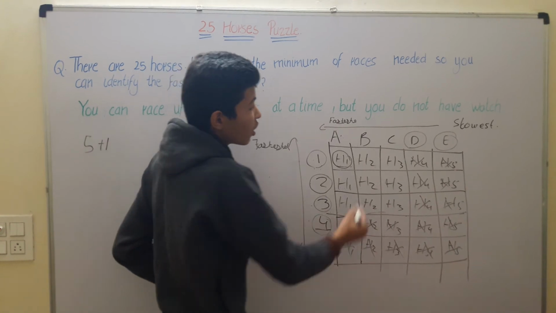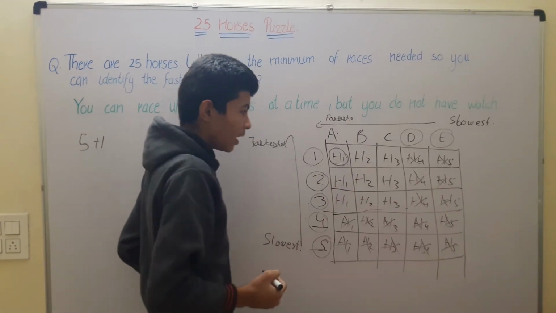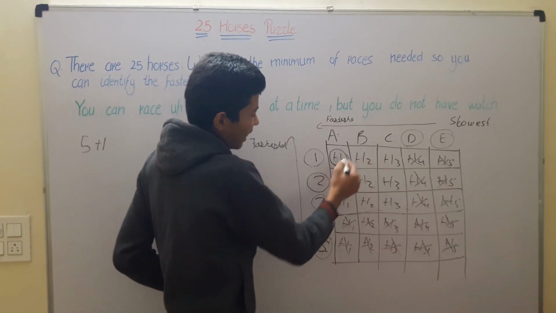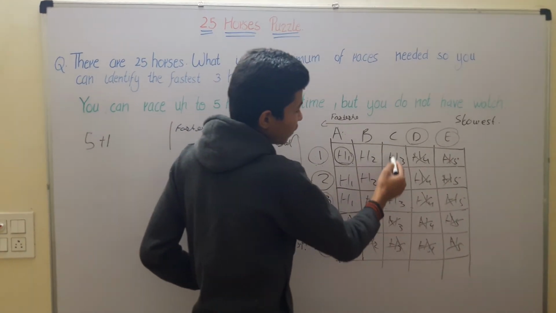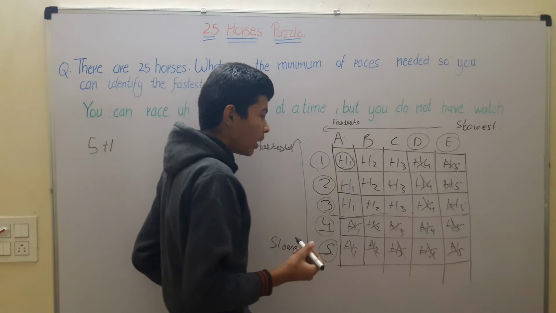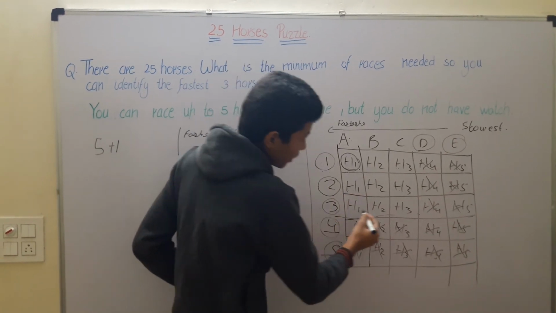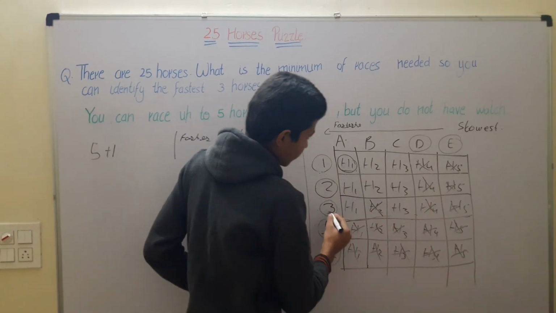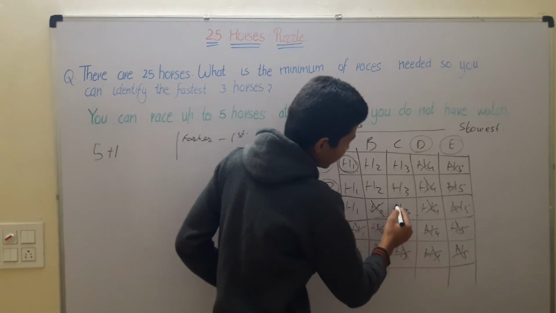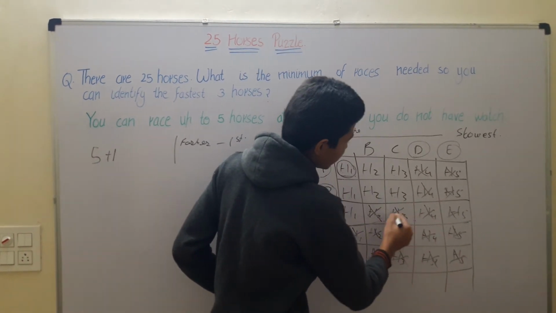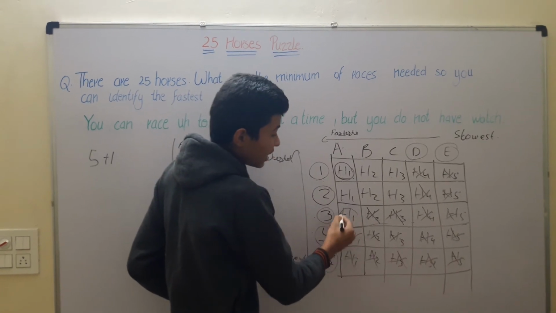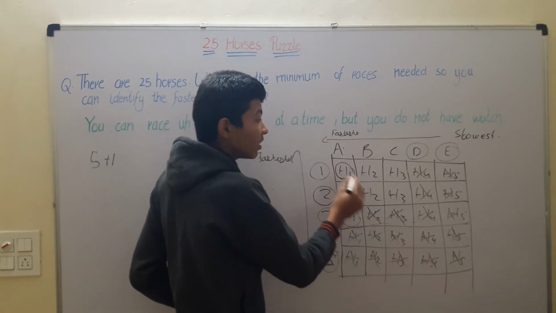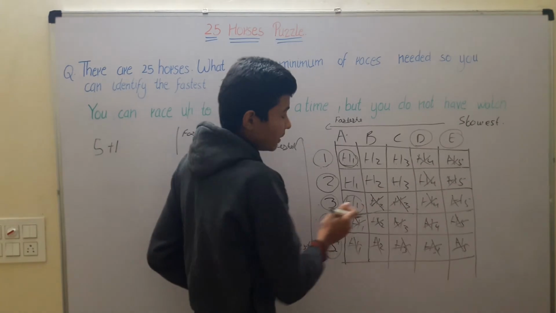Now we remain with 9 horses: A1, A2, A3, B1, B2, B3, and C1, C2, C3. Now we can cut B3 and C3, because these are in rows whose fastest horse came third, so that could not be the scenario.